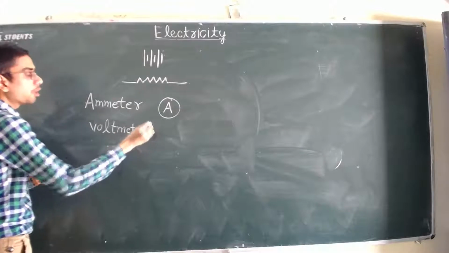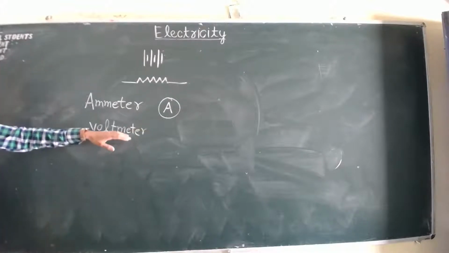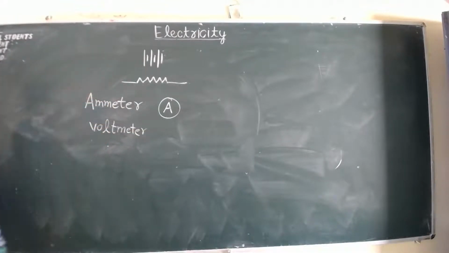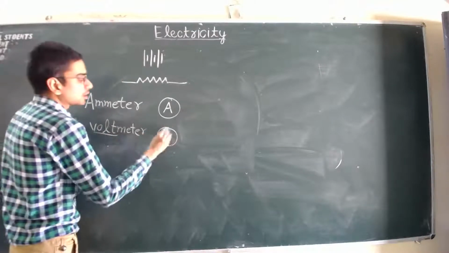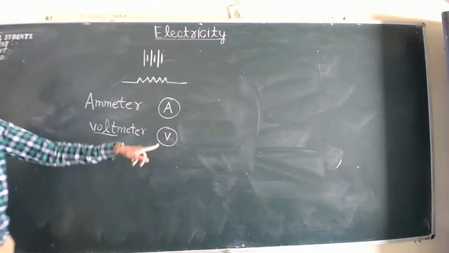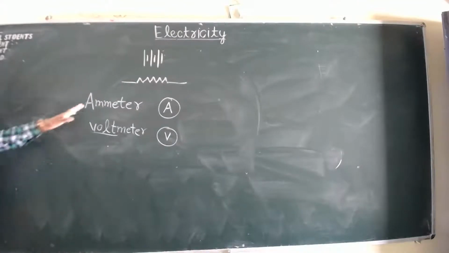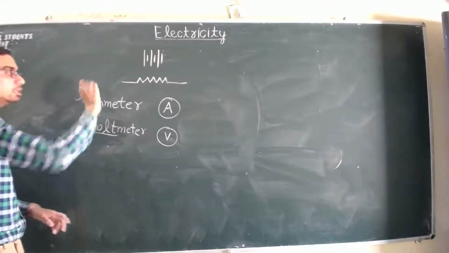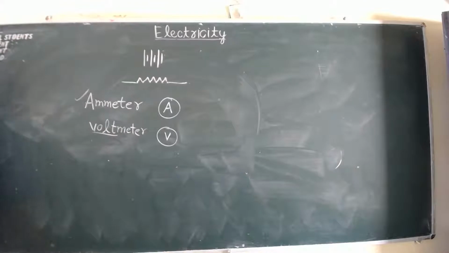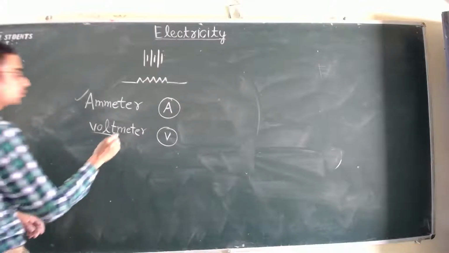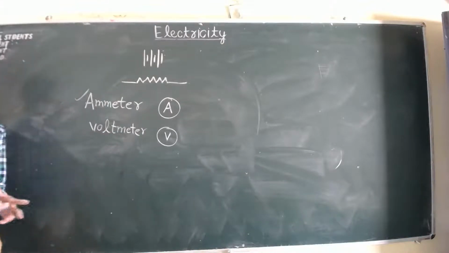That is voltmeter. Voltmeter measures the potential difference because volt is the unit of potential difference. It is denoted by a circled V. Okay, ammeter measures the value of current and voltmeter measures the value of potential difference. ठीक है, voltage और potential difference is the same thing.